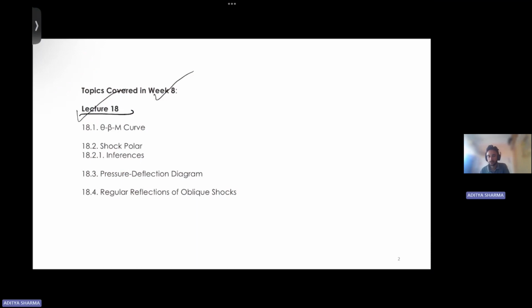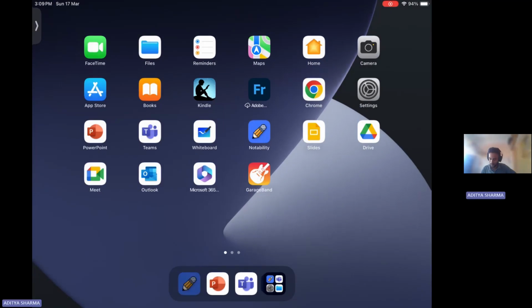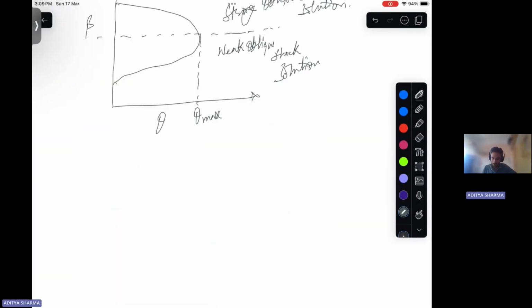After that, the next heading is shock polar. This is the main focus, I believe, of this particular lecture. So what is a shock polar? A new term has been introduced, which is called a hodograph, where we are trying to divide the velocity of this flow into x and y components.